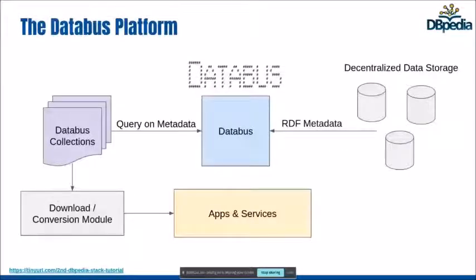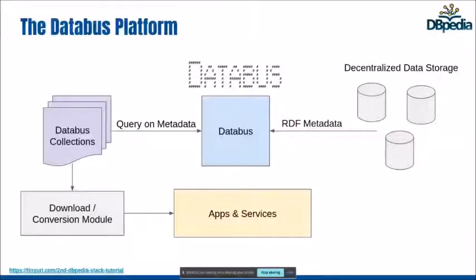Here's an overview over the rough information or data flow in the databus infrastructure, sorry. And on the very right, you can see some different data storages or different servers holding data. And when we say uploading data to the databus, that doesn't mean that you actually upload data to the databus server, but you create metadata for your own hosted data that is then loaded to the databus.